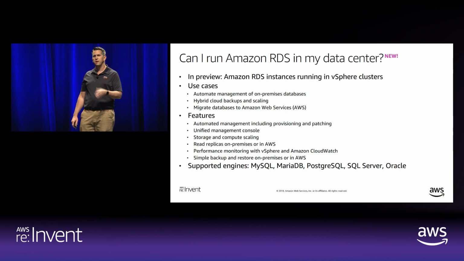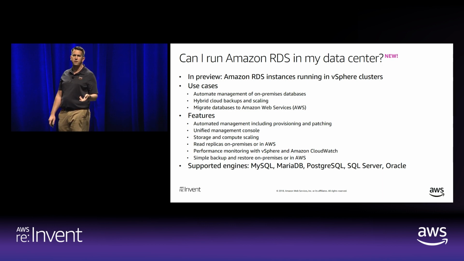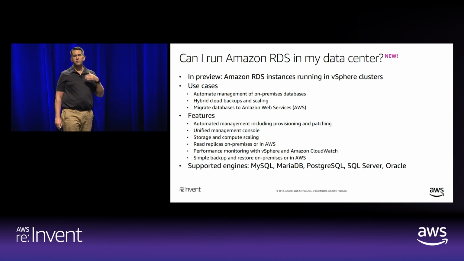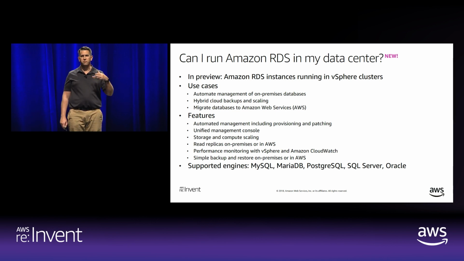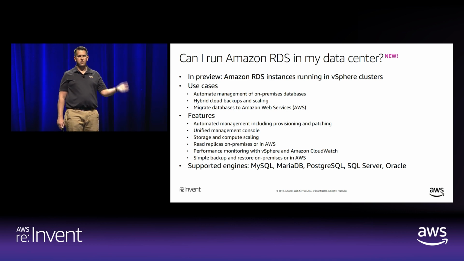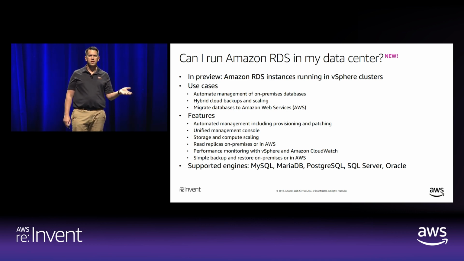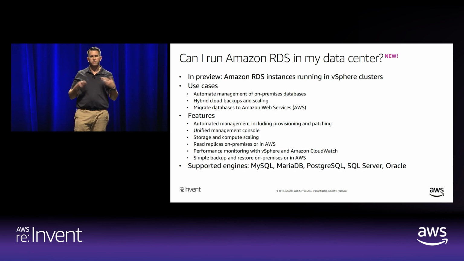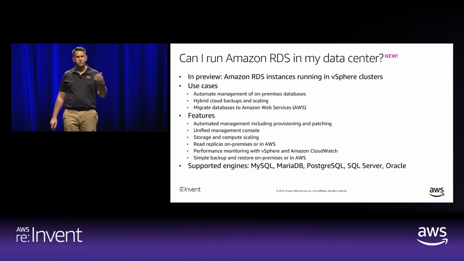And really you get the same characteristics that I talked about in RDS, that automation of the database, cloud backups and scaling, as well as the ability to easily migrate. So one thing you can do with Amazon RDS for VMware is you can actually run the database in your data center and replicate up to the cloud. And so if you're planning a migration, that's a really nice way to bridge the gap between what's running locally and what's running in AWS.